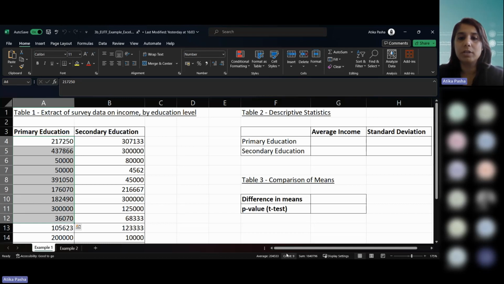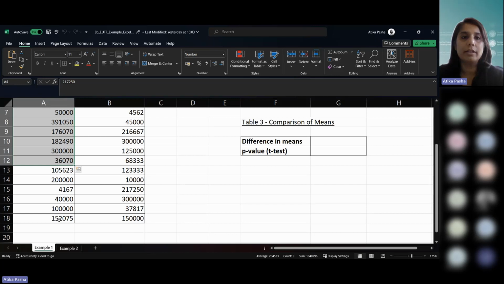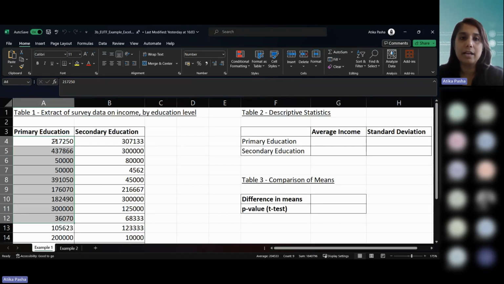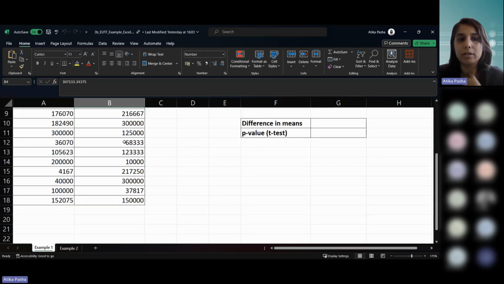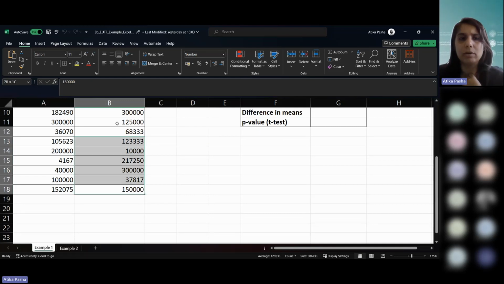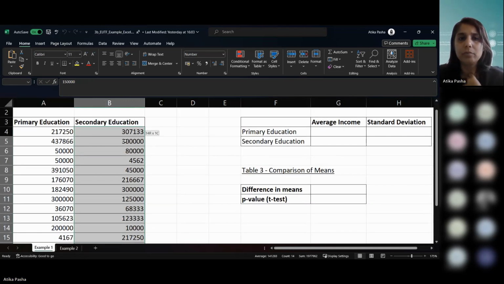What you see here in the first column is individuals and their income for having only completed primary education, and then you have secondary education and the income level of, how many individuals is it? 15 individuals who have completed secondary school education.